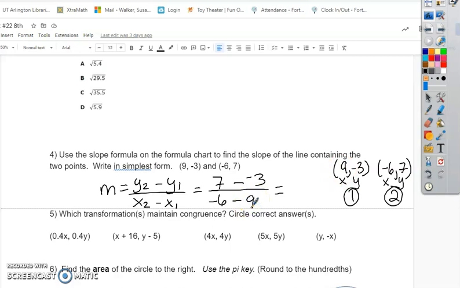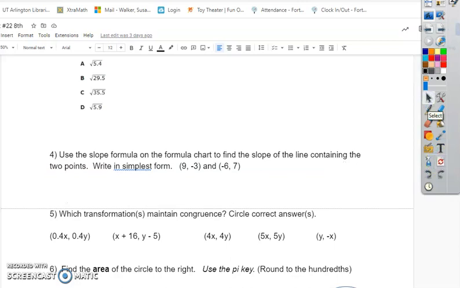Okay. So you're going to punch this in the calculator and then let the calculator simplify for you. 7 minus negative 3. If you punch that in your calculator, you should get 10. Negative 6 minus 9. This will give you a negative number. Then punch it into your calculator, okay, and put your final answer here. Leave it the way it is, okay? A simplified proper fraction.